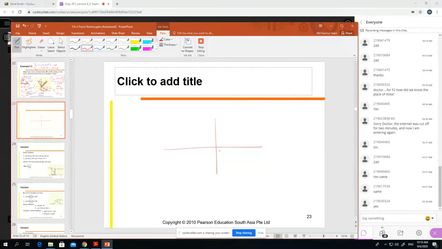So we had two forces, right? This force was 260. The x component was how much? 240, right? Don't forget. And y component was minus 100. And another force was like this. Our x component was minus 100. F1, this is F2.